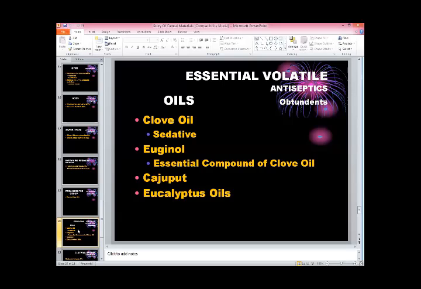So remember, all those antiseptics which are pain relievers are known as obtundants, and we use them in dentistry and make so many compounds.